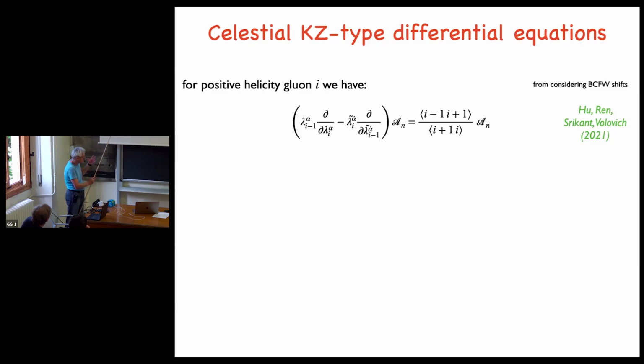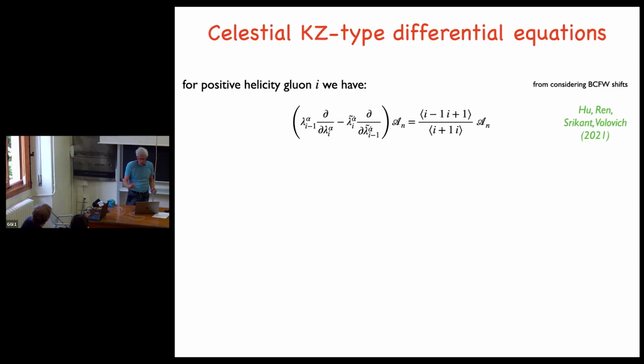The behavior can be described as a differential operator. When you look at the first order of the equation, it gives us this differential equation. That has been found by Anastasiou et al.